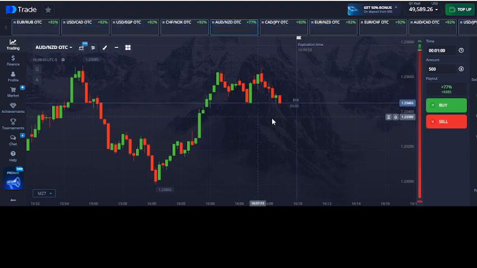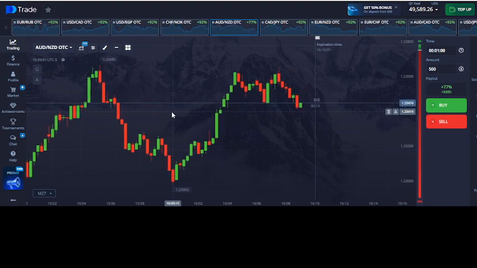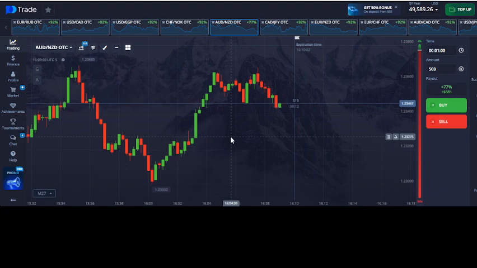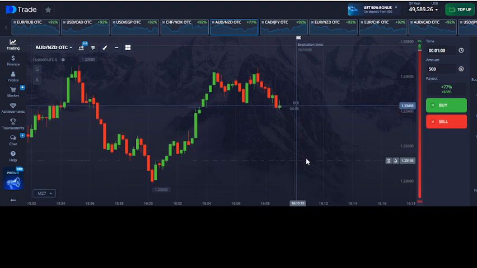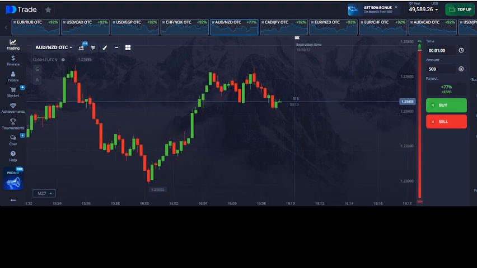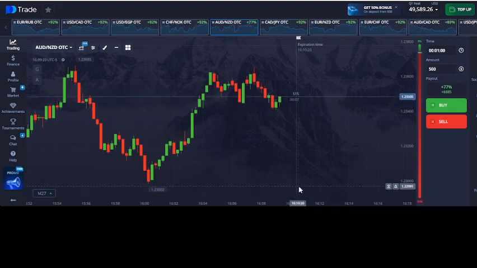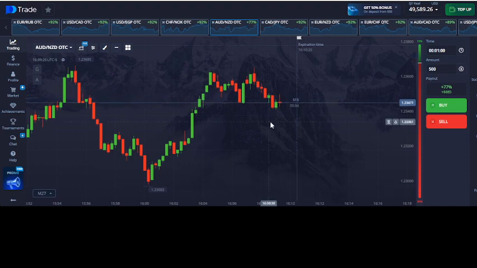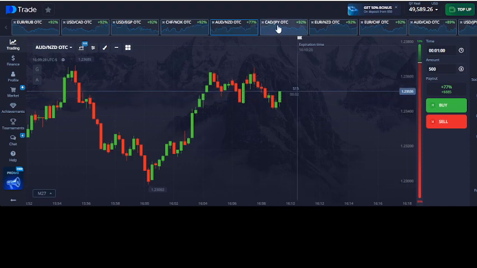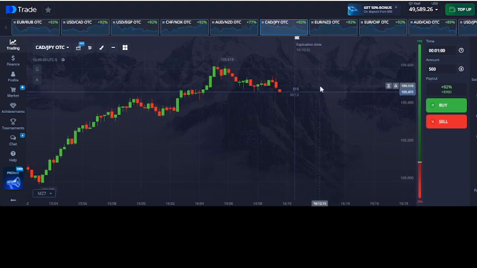All right, let's watch this one. This one looks decent here. Aussie dollar, New Zealand dollar. Let's see if any gaps develop. Okay, wow.